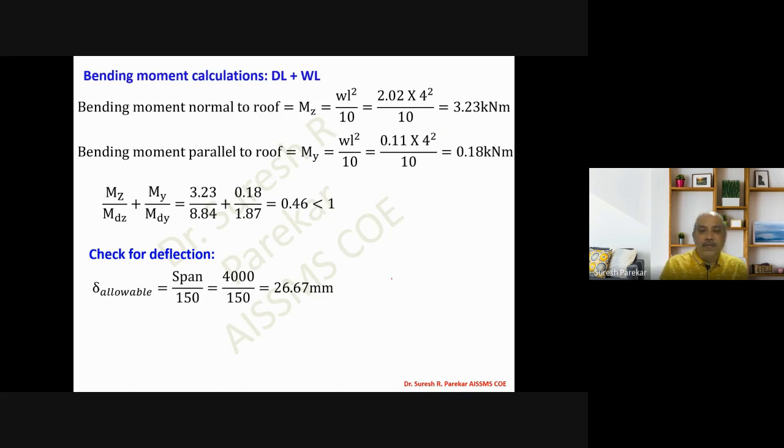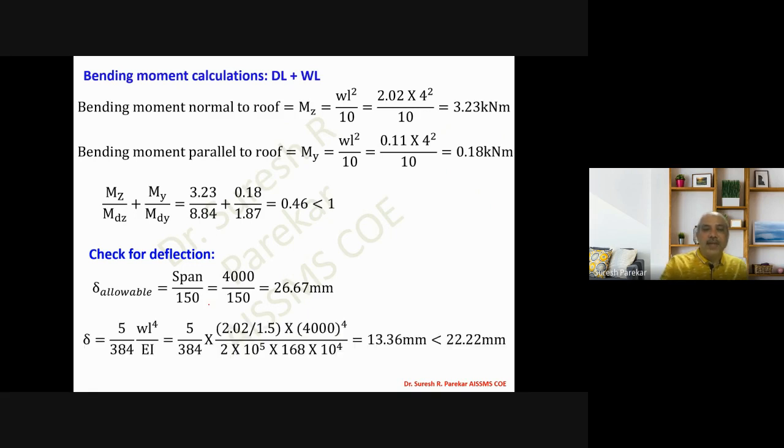So from this we will get it as span by 150. So for brittle cladding, we have this value as span by 180. And then from this we will get this value as 5 by 384. Always keep in mind this W you have to take as service load, because this is serviceability requirement, and serviceability means we have to use service load over here, and therefore we have divided 2.02 by 1.5, because to make factor we have multiply by 1.5.